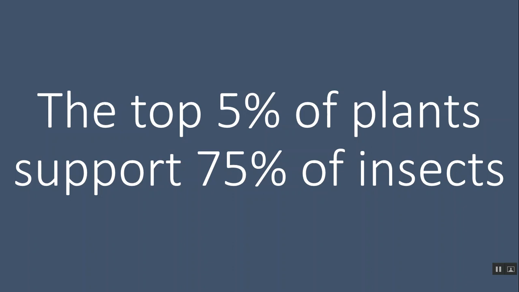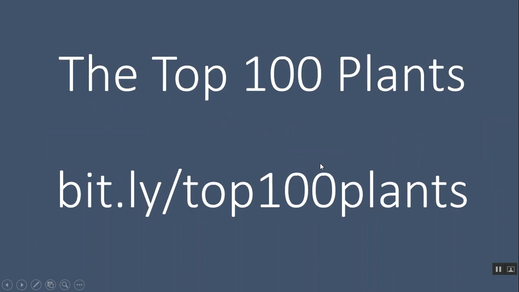Our lawns are quite often populated with non-native species, and we don't have anywhere close to this top 5%. Some lawns, even those that look like they have pretty trees and plants, have zero native species, let alone the top 5%.